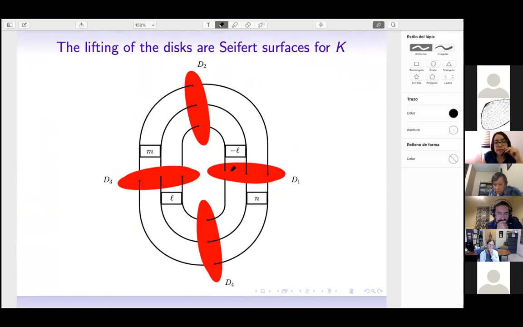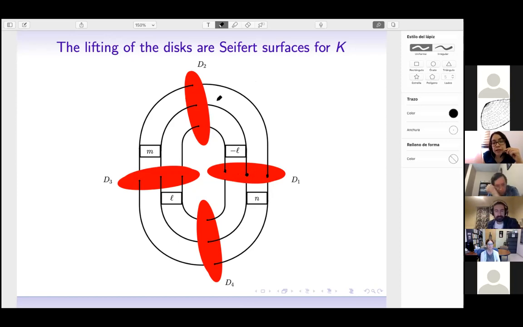Now, let's see that if we take these 4 disks in the exterior like this, we will have that each one of these leads to a Seifert surface for K. This is because their boundary is parallel to the knot K prime and intersects the knot L in 3 points.